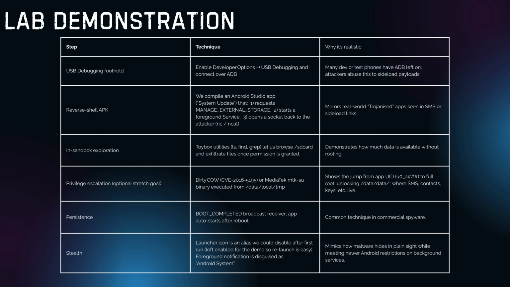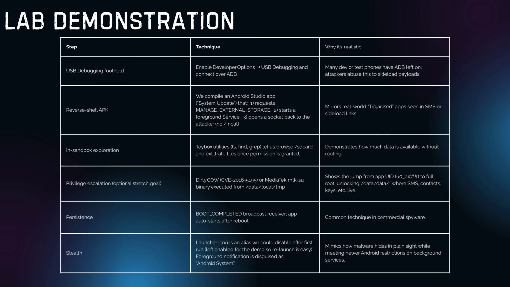For our lab demonstration, we're going to be more focused on an offline lab handset setup so that we can actually break into a mobile handset without breaking any laws, exploiting anybody else's device, exposing anything that's private, or violating privacy or law.